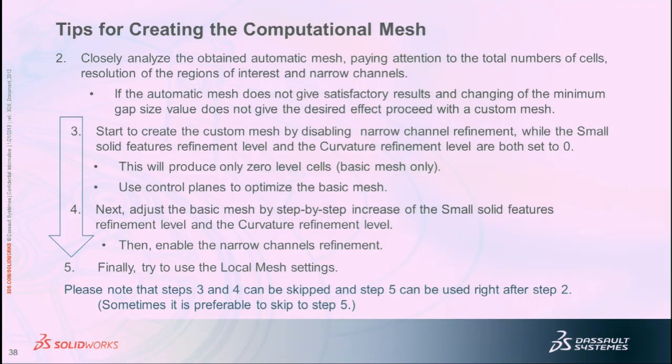This will produce only level 0 cells. So that's your basic cells, just the number of cells in the XYZ direction. Use control planes to optimize the basic mesh. Next, adjust the basic mesh step by step, increasing the small solid feature refinement and the curvature refinement. I'll show you an example of that in just a sec. Okay? Any questions on that?